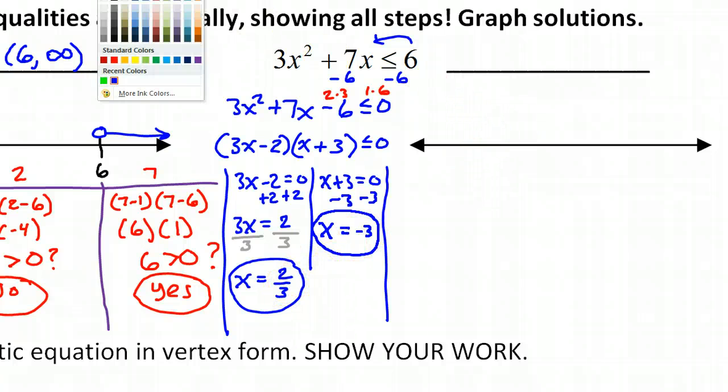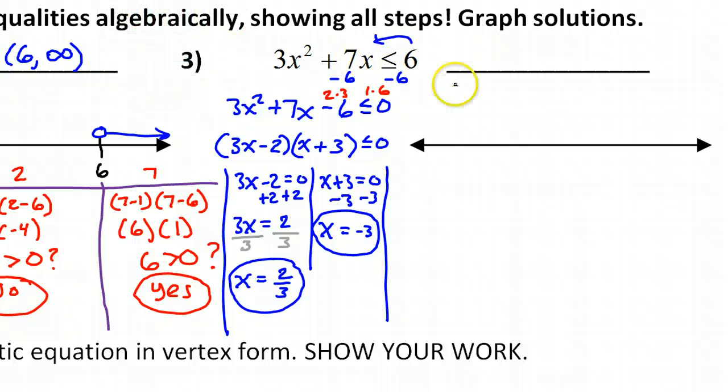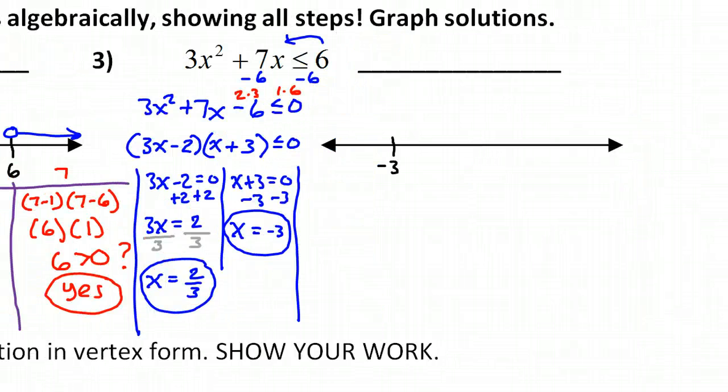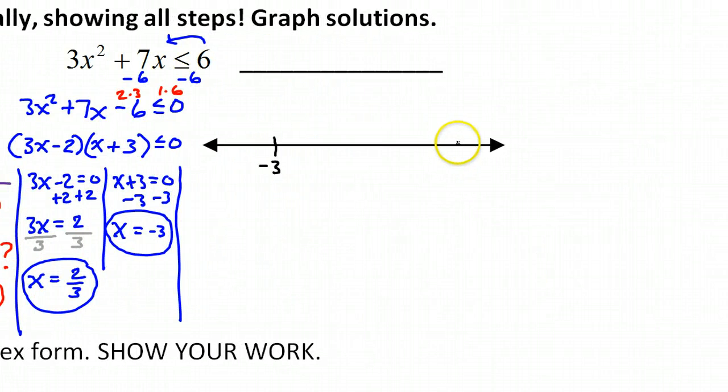I'll put my negative 3 right here. How much space do I have over here? Lots. So I'll put my 2/3 over here. I think I might need a little more space than this. So I'll put my negative 3 here.